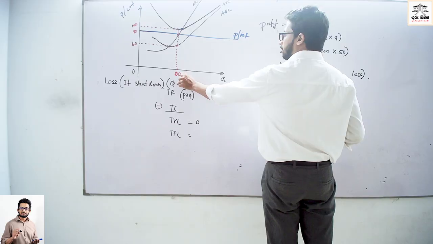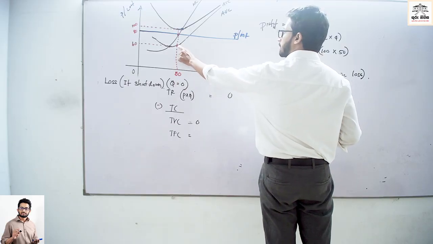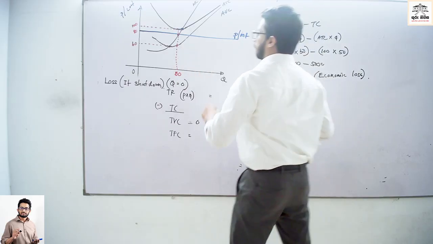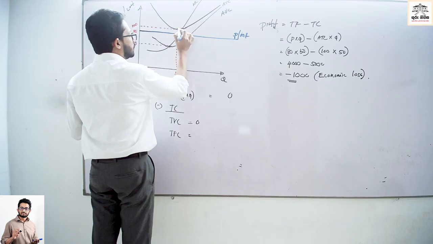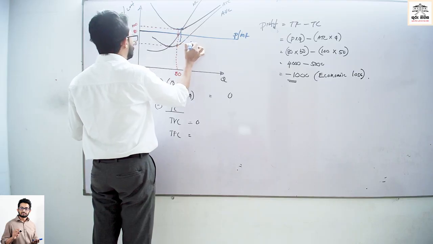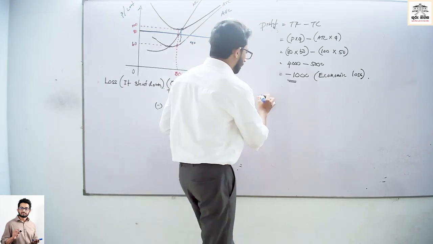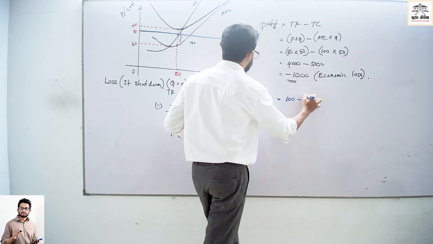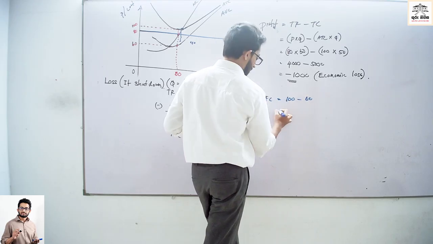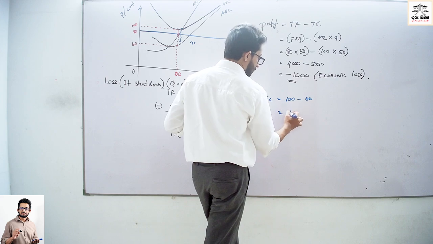Here at 50 units, average variable cost is 60. Average total cost is 100. Then this gap should be AFC, right? This gap means 40 rupees. Average fixed cost should be 100 minus 60, so 40 rupees.